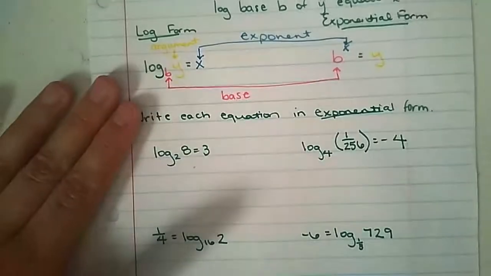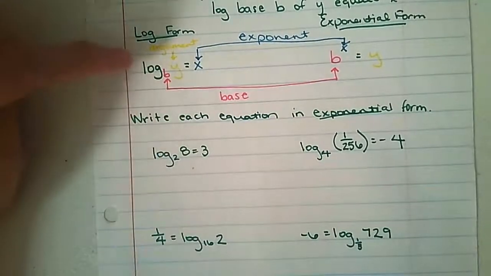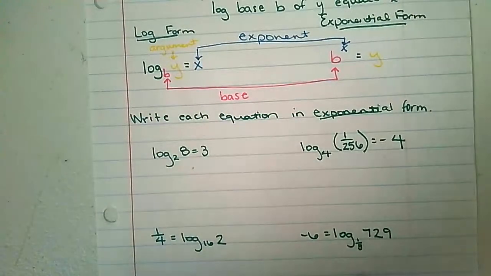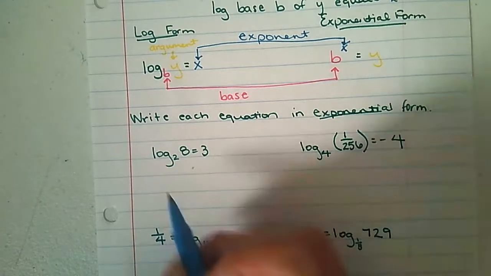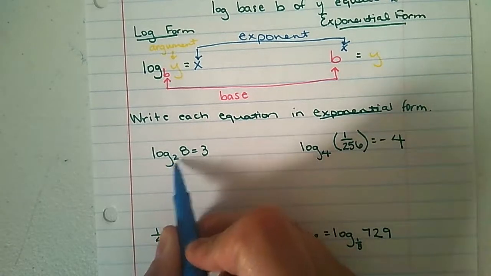All right. So the first step we're going to do is go from a log to exponential form, okay? And in order to help us out with this, we are going to do what's called a log roll, okay? So with log rolls, you always start at the base. So remember, this is the base.